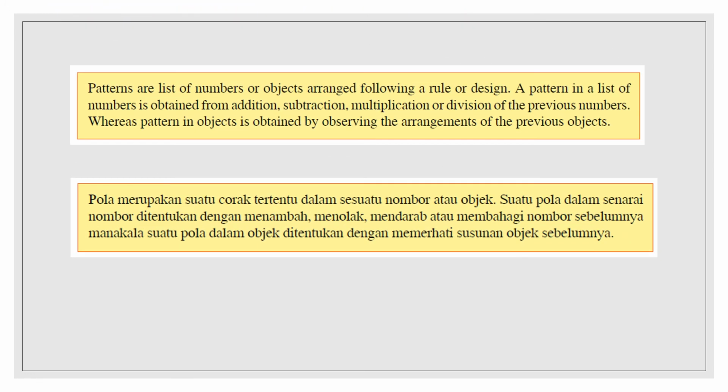Patterns are lists of numbers or objects arranged following a rule or design. A pattern in a list of numbers is obtained from addition, subtraction, multiplication, or division of the previous numbers, whereas patterns in objects are obtained by observing the arrangement of the previous object.